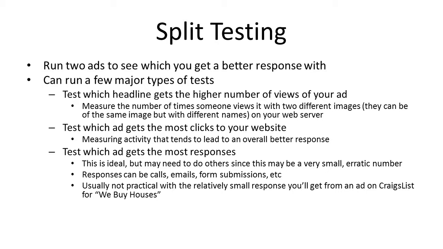Both of them could be an identical picture of you, but one will be named James1.jpg and the other James2.jpg, and you know that James1 is your headline test number 1 and James2 is your headline test number 2. Then you go look at your server stats and you see which one of those images was loaded more while those ads were live. And you can see really clearly how many people viewed the ad and which one was the obvious winner for the headline.